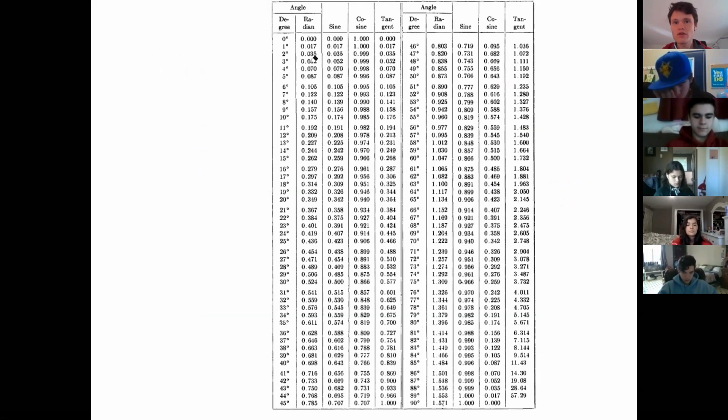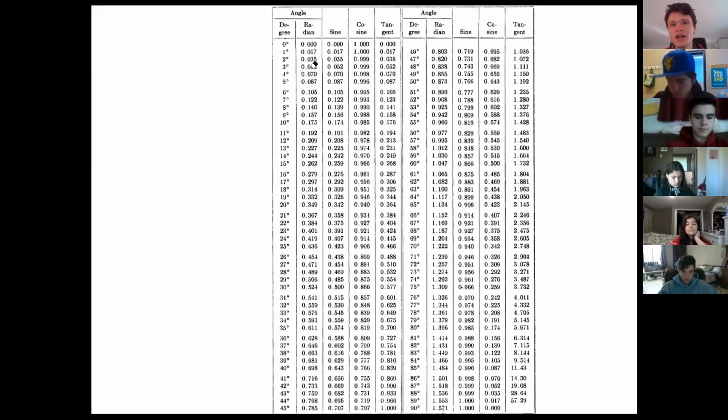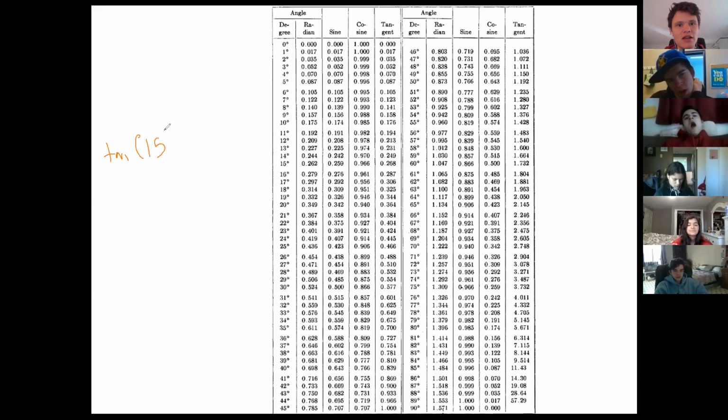In fact, before people had those buttons on their calculator, textbooks would include big tables like this in their textbook. And so if we wanted to find tangent of 15, what you would do, oh, actually we said tangent 50 before, right?